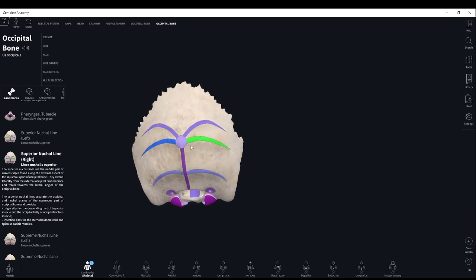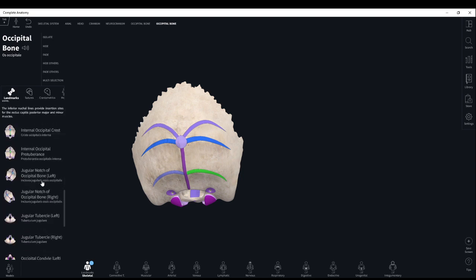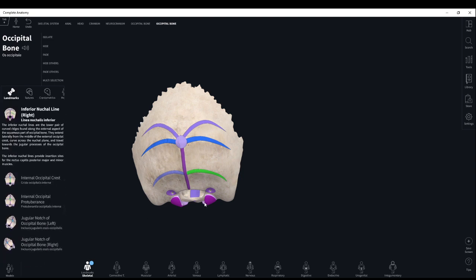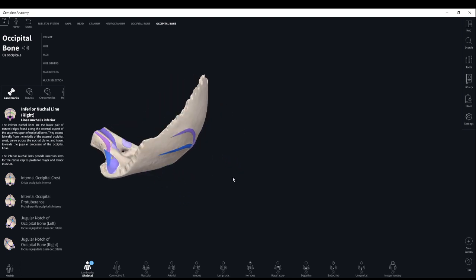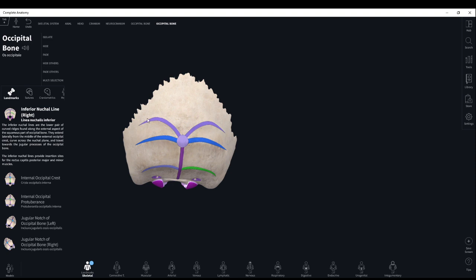And the last one is the inferior nuchal line, linea nuchalis inferior. All of these 3 lines serve as points of origin of different ligaments and groups of muscles; if the muscles are large and work a lot, then these lines are more prominent.